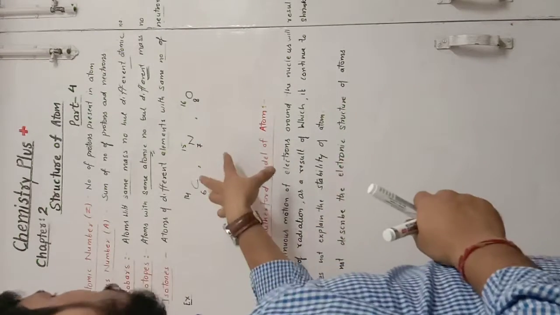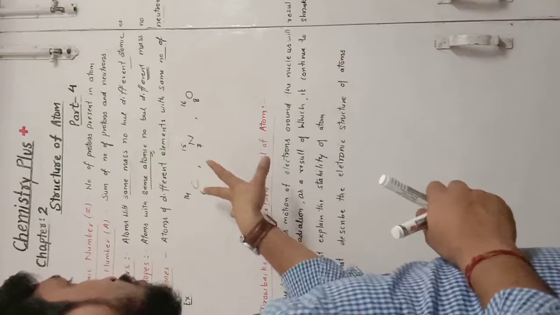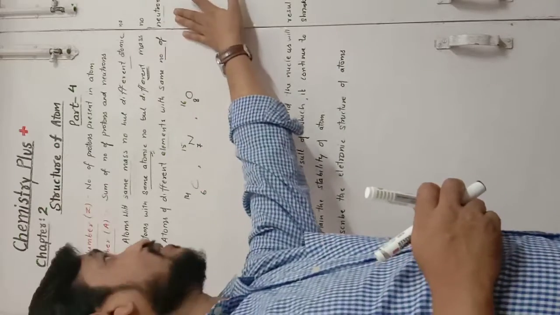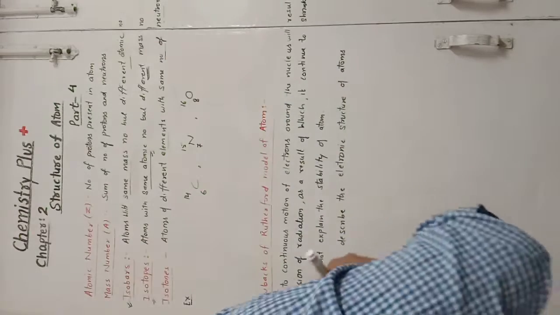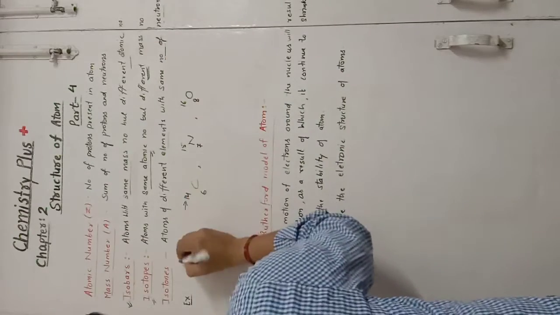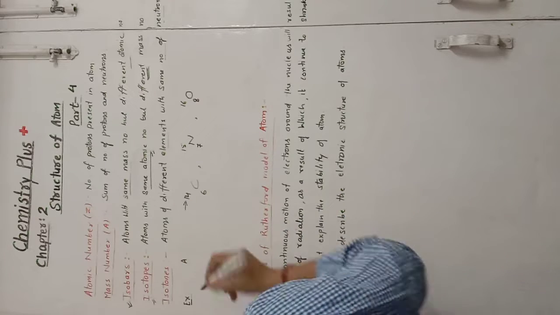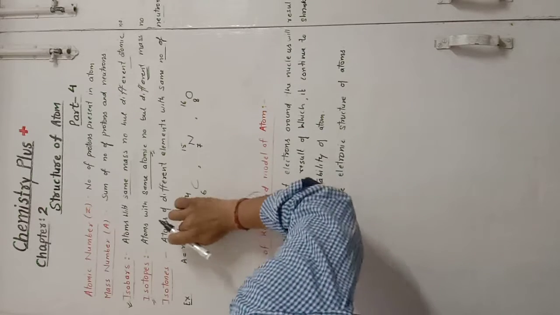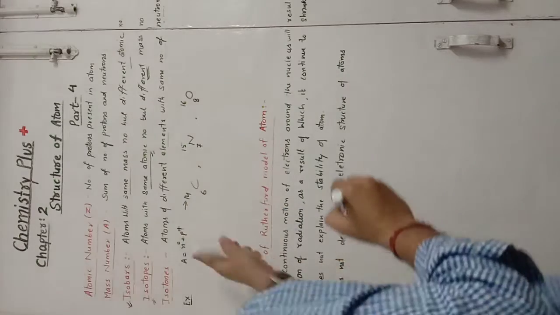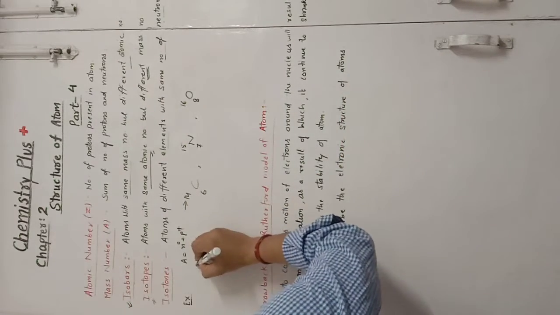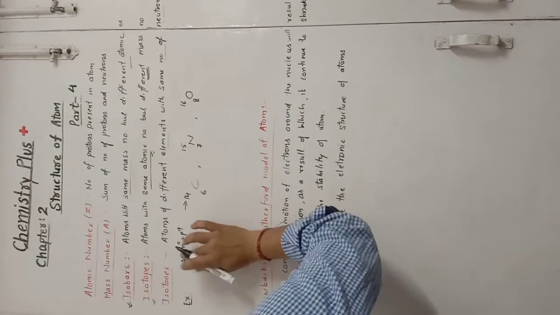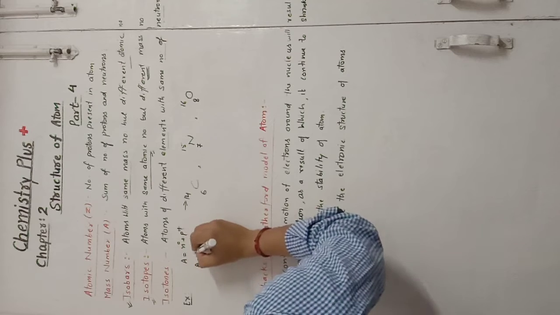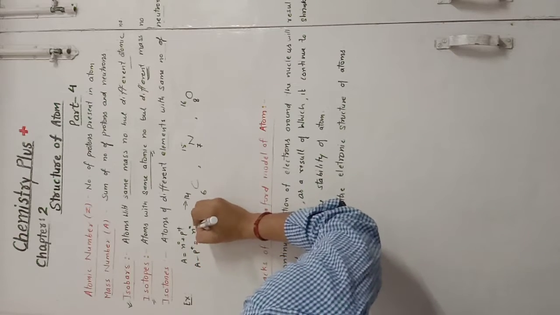We need to first of all find out the number of neutrons present in them. Do they all have the same number of neutrons? As we know, A means mass number, which is equal to the sum of neutrons and protons. So if we wish to find the number of neutrons, A minus P is equal to neutrons.